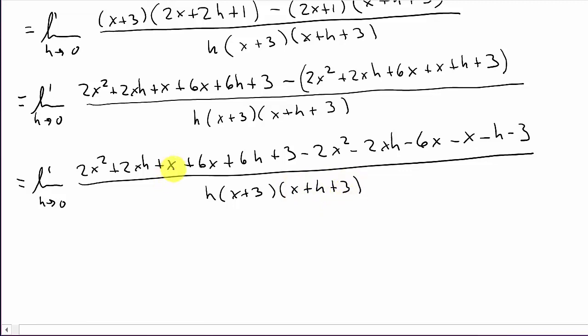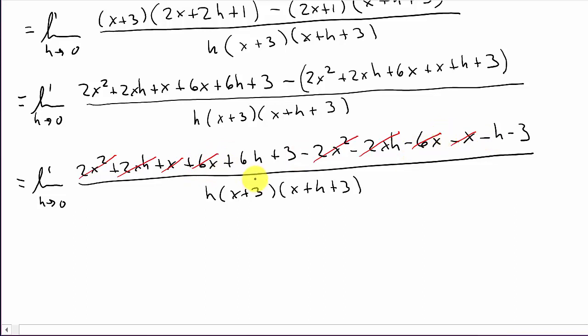And I know this would add together. I know that. But I think, see, the x and the 6x's, they'll cancel out, so it doesn't really matter. Alright, so the 2x squared and the 2x squared go out. And then I've got 2xh and minus 2xh. I've got x and minus x. I've got 6x and 6x.